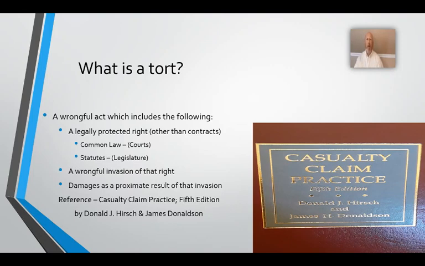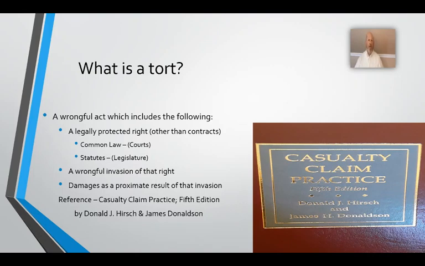It must involve a violation of a legally protected right. And those rights would be common law rights, or the laws or the precedents established by court cases and rulings, okay? The next one would be statutory law. So those laws passed by our legislatures, state, federal level, those kind of laws, a violation of one of those. Now, the wrongful invasion must be a violation of one of those rights, okay?